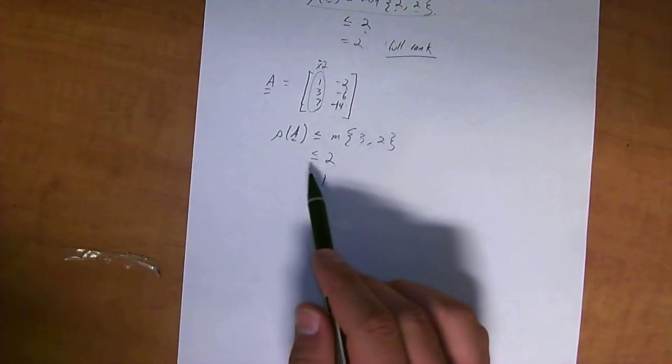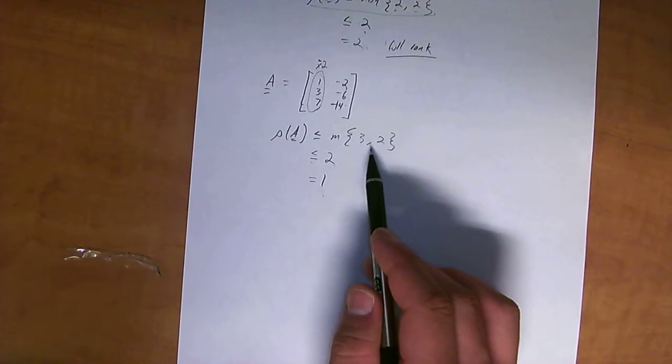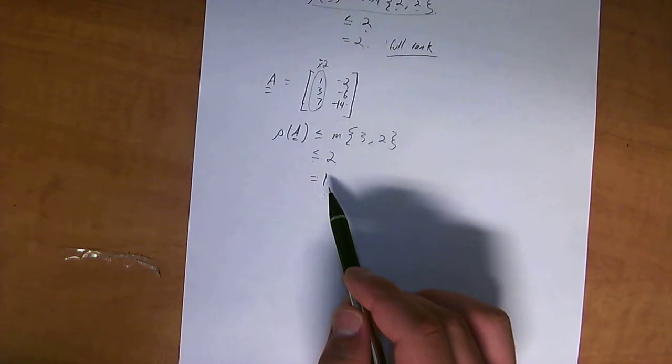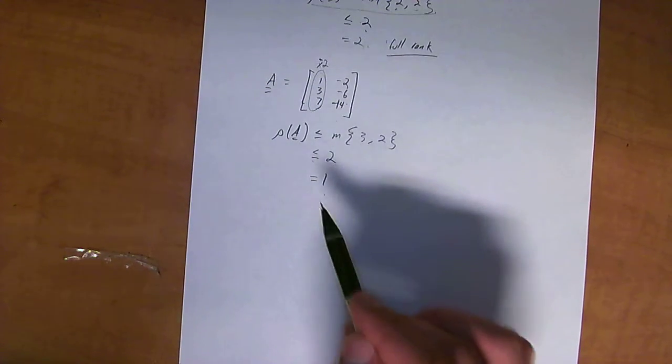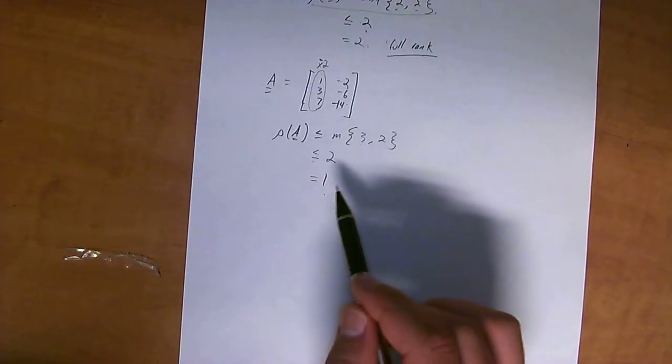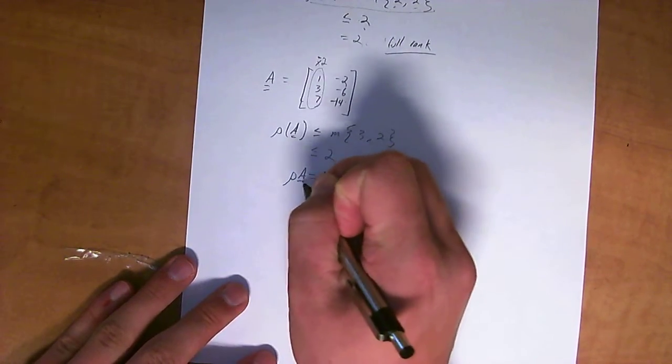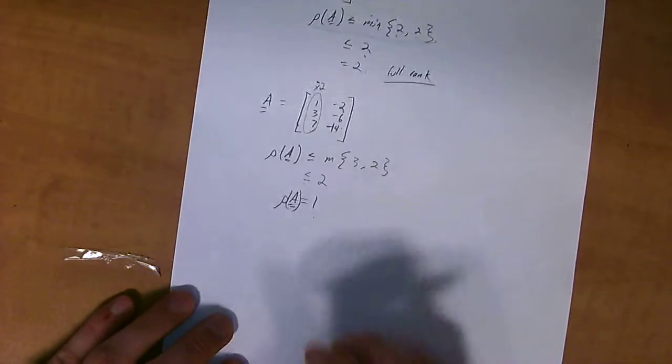So the rank can either be less than or equal to the smallest number of rows and columns, or equal to the smallest number of linearly independent rows or columns. So the rank of this is actually 1. And there you go.